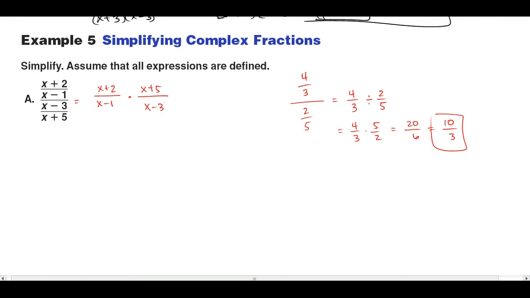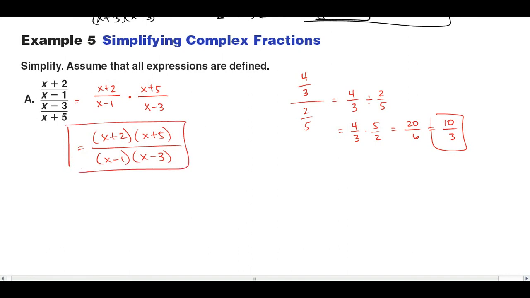Remember, this isn't adding or subtracting, so common denominator, out the window, no one cares. Now you can multiply the tops together, multiply the bottoms together, and see if anything cancels. In this case, they don't. So I would just have x plus 2 times x plus 5 all over x minus 1, x minus 3, and I am done. That is it.